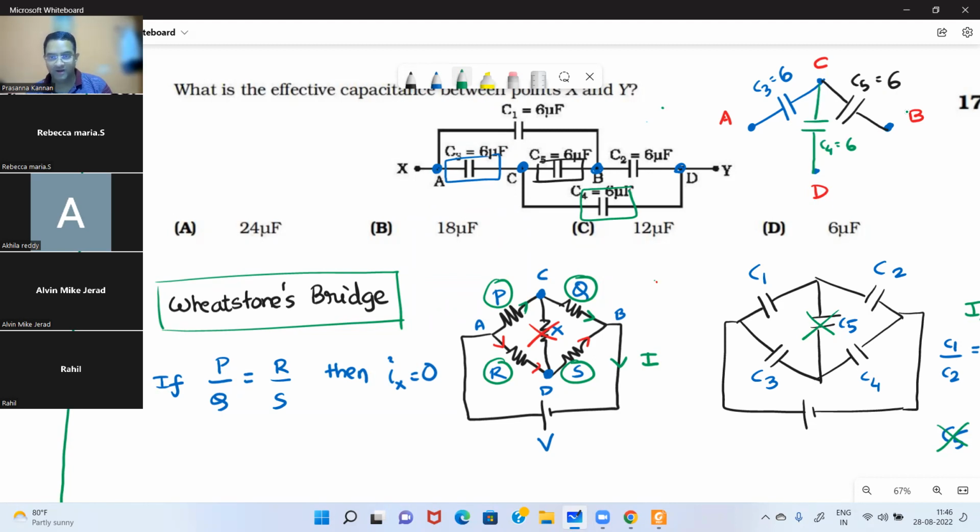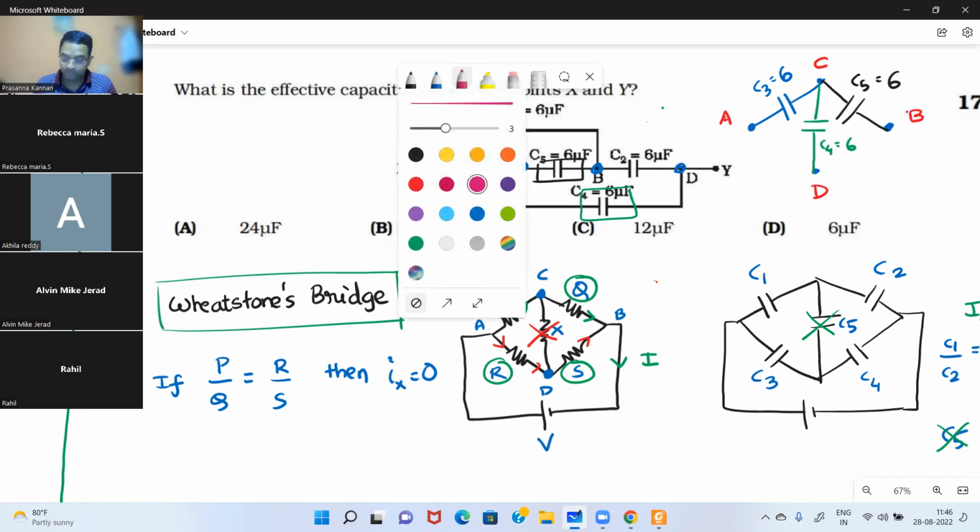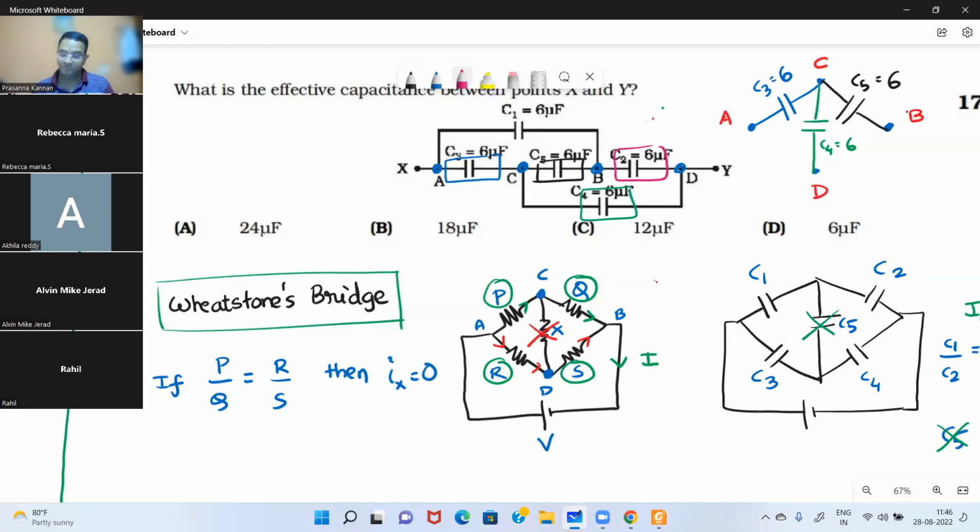Then I'm going to draw another capacitor C2 between B and D. This is C2, which is equal to 6 microfarad, correct?